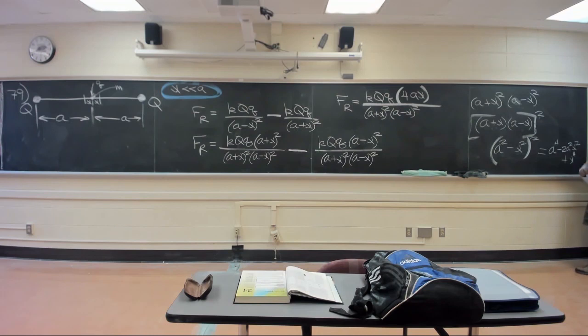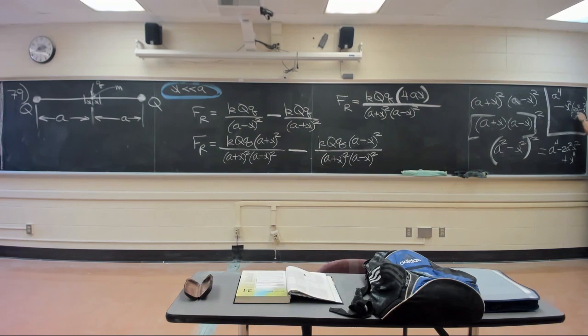You're basically talking about 2a squared minus x squared, but it's smaller.